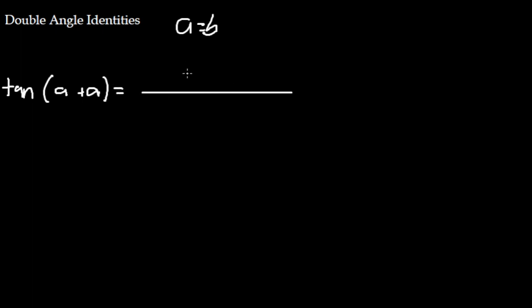Now, when talking about tangent, laging tandaan, merong numerator, denominator, may division tayo nangyayari. And the pattern for the tangent will be tan plus tan over 1 minus tan tan. Now, it's just a matter of writing the variables.